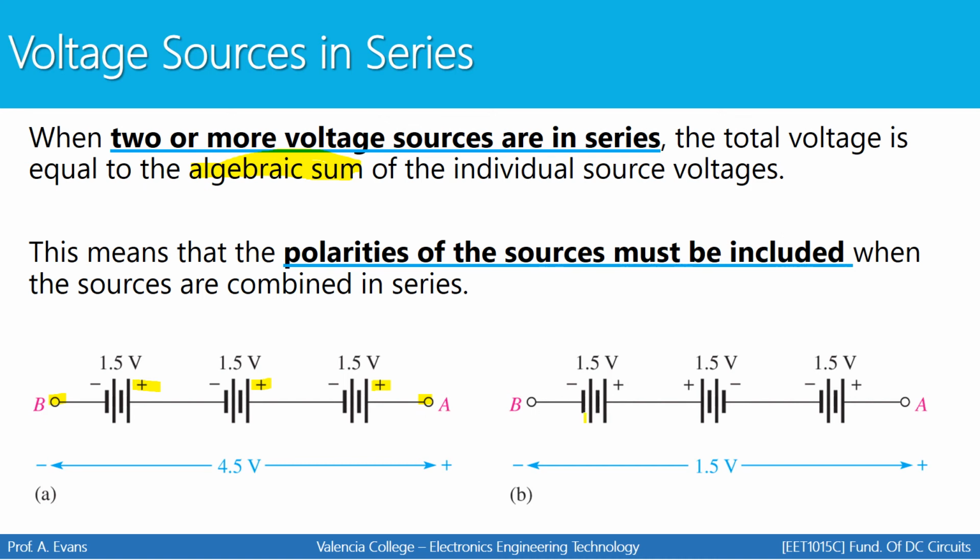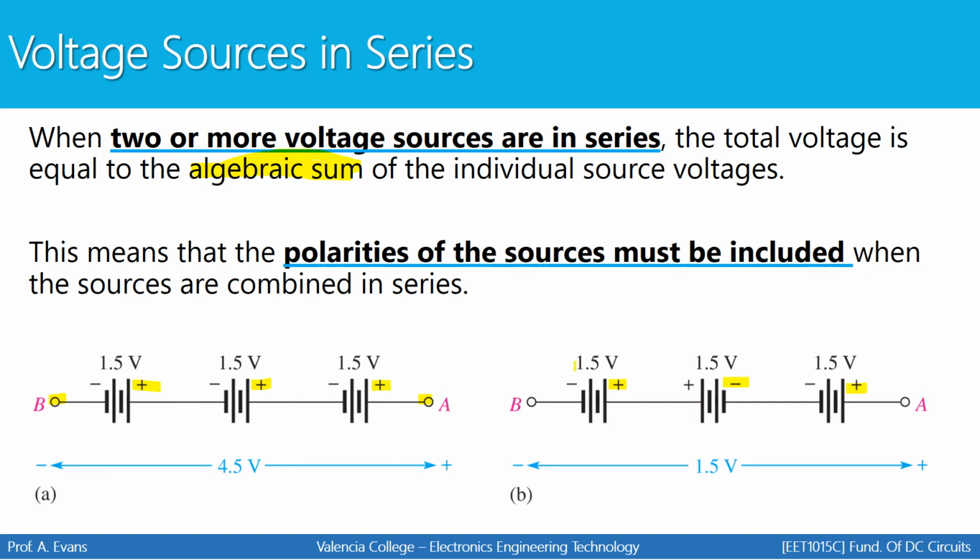But if you look at the next example, I have the same voltage sources, but now this one has been reversed, which means I have a plus 1.5 volts, a negative 1.5 volts, and then another positive 1.5 volts. If I add those together, the first two will cancel out because one is positive and the other is negative.